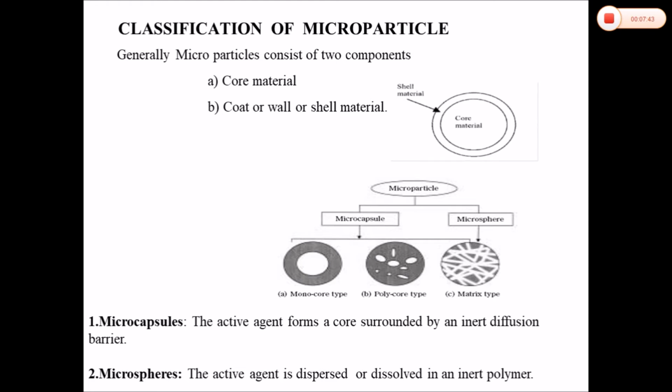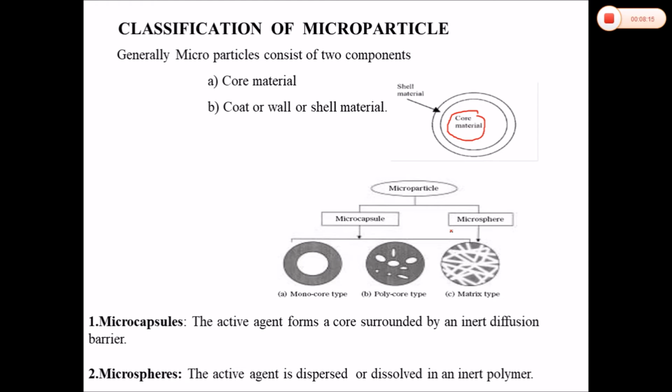Generally, microparticles consist of two components. One is our core material, and the material which we use for the coating purpose is called the coat material or the shell material. So microparticles, as we already discussed, are divided into microcapsules and microspheres.